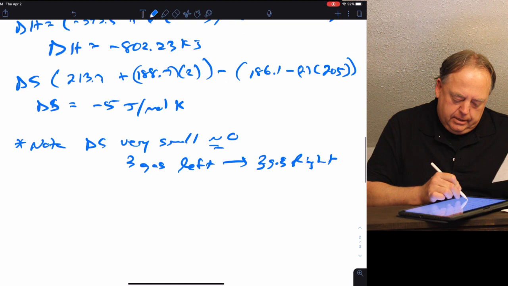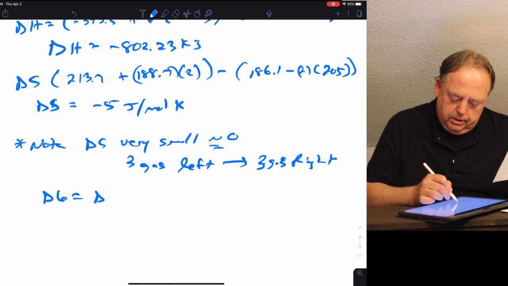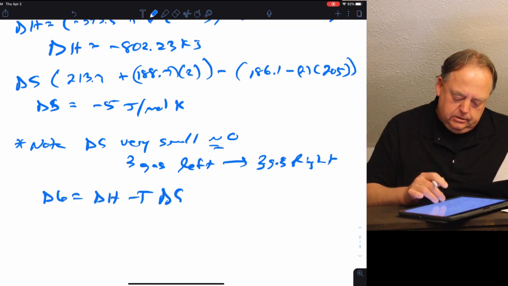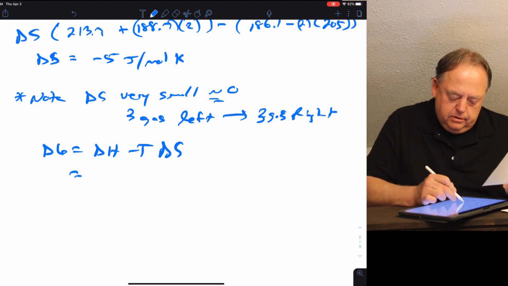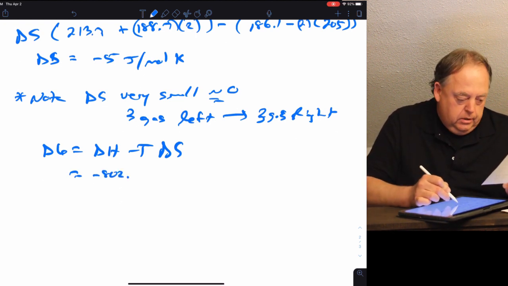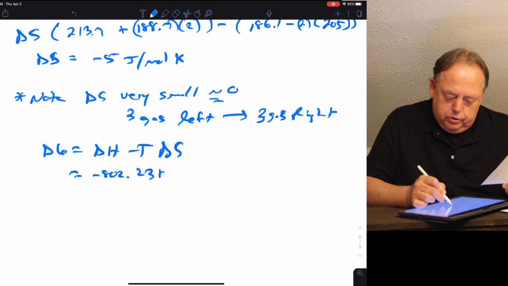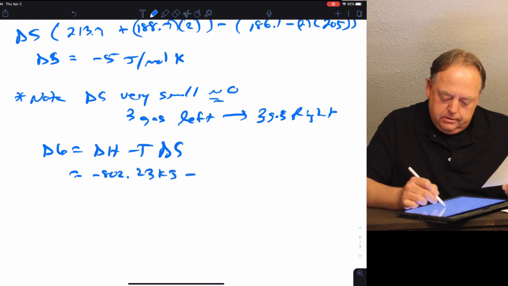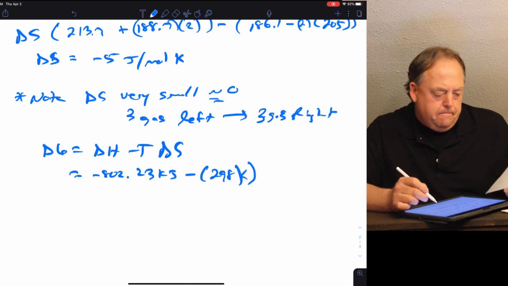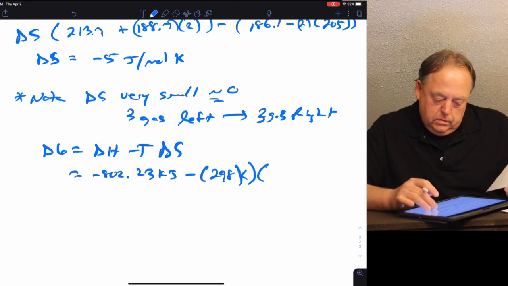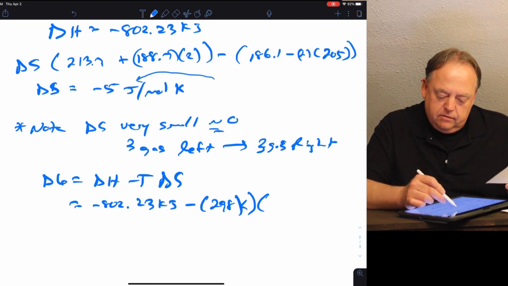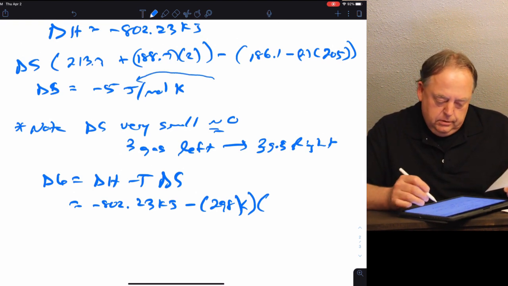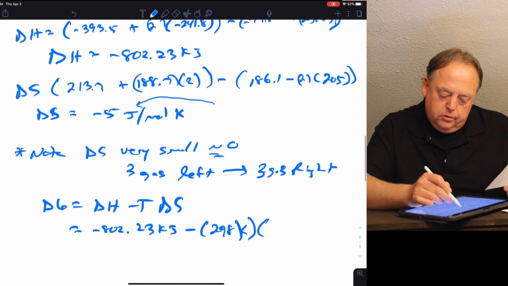Okay, so now we can calculate delta G is equal to delta H minus T delta S. Just plug in the values: negative 802.23 kilojoules minus 298 Kelvin times delta S. And again, this is in joules, so we need to convert that to kilojoules since the enthalpy is in kilojoules.